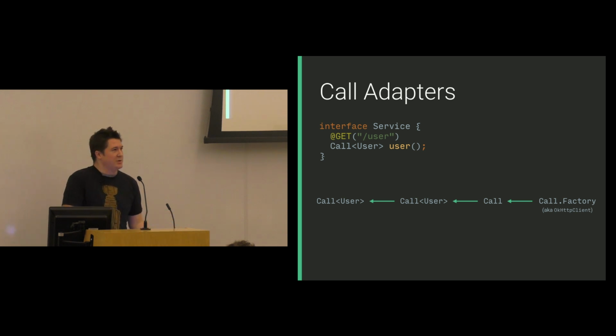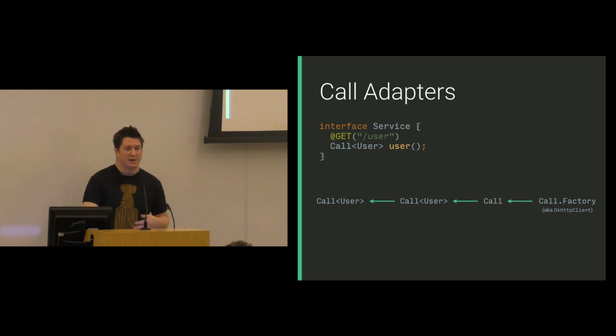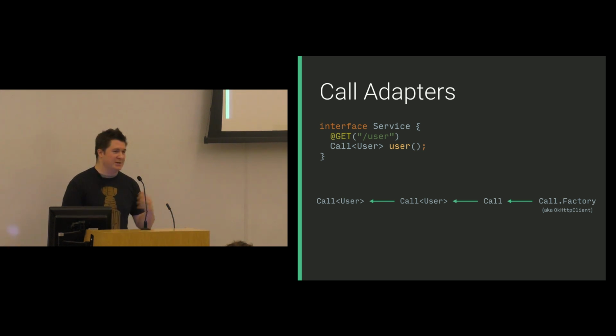But the reason we do this on Android is that we deliver callbacks on the Android main thread. And so the original Retrofit call that we wrapped the OkHttp call with uses the same threads that OkHttp uses. And so when OkHttp calls you back asynchronously, it calls you on a background thread. And so that's where we can do things like the conversion from JSON to Java objects. What we need is another way to move back to Android's main thread to call you back, and so that's why we wrap it one more time.